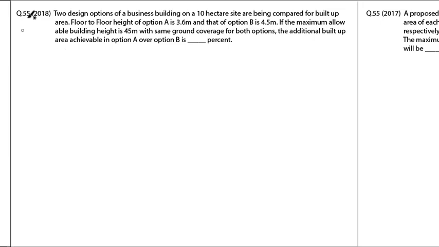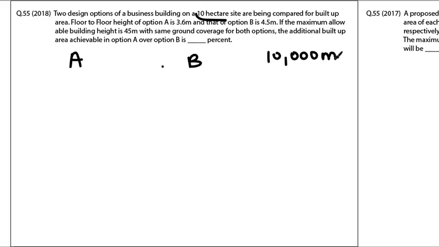Two design options. This is from 2018. Two design options of a business building on a 10 hectare site are being compared for built up area. So there are two options, option A and option B. Site area is 10 hectare, that is 10,000 meter square.